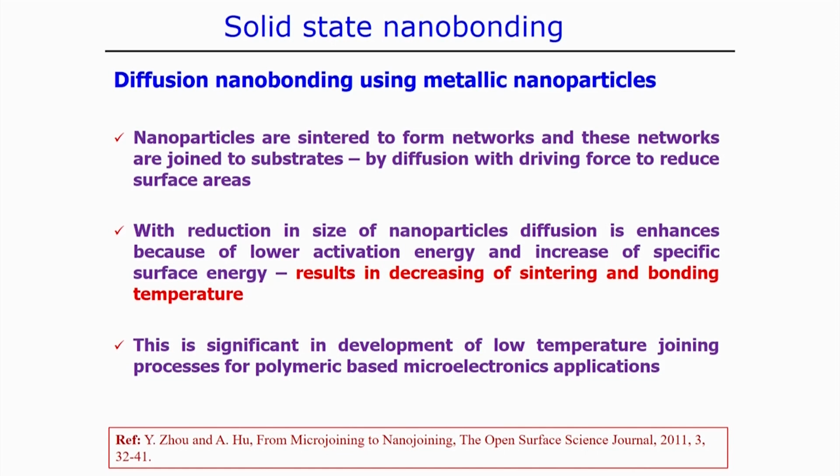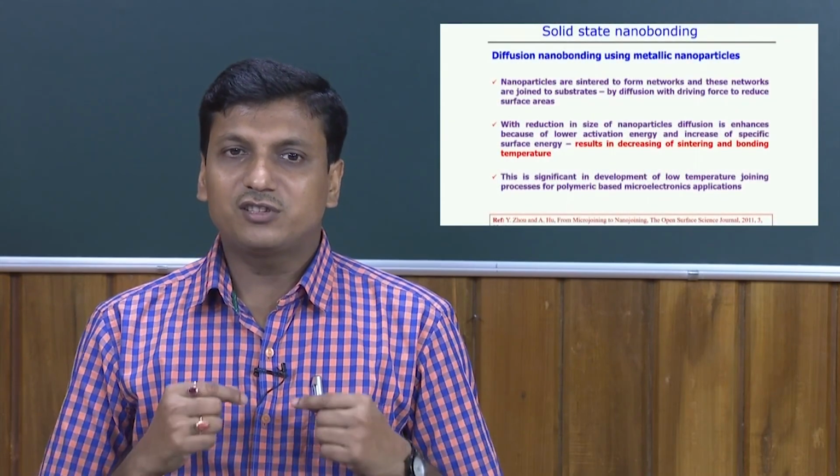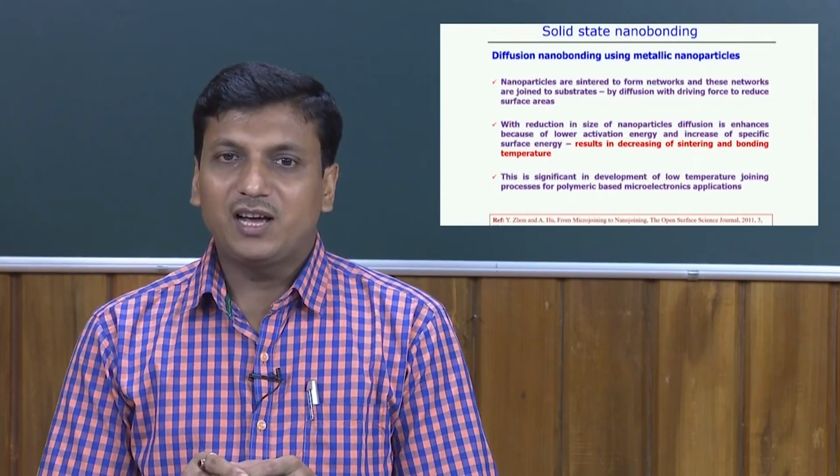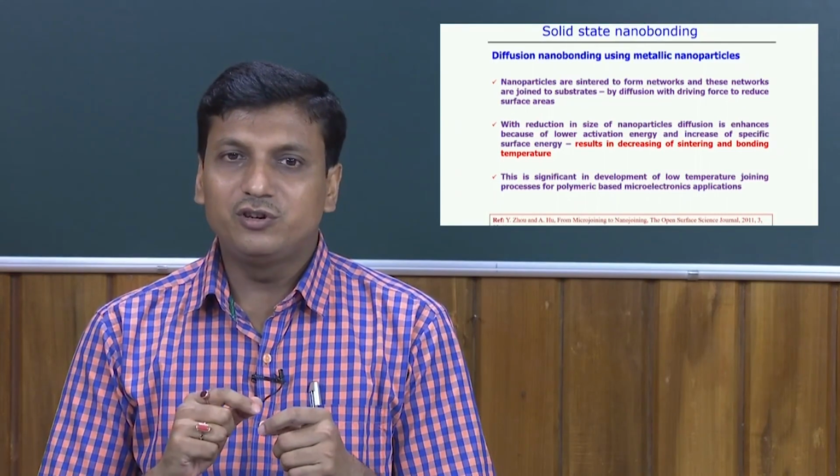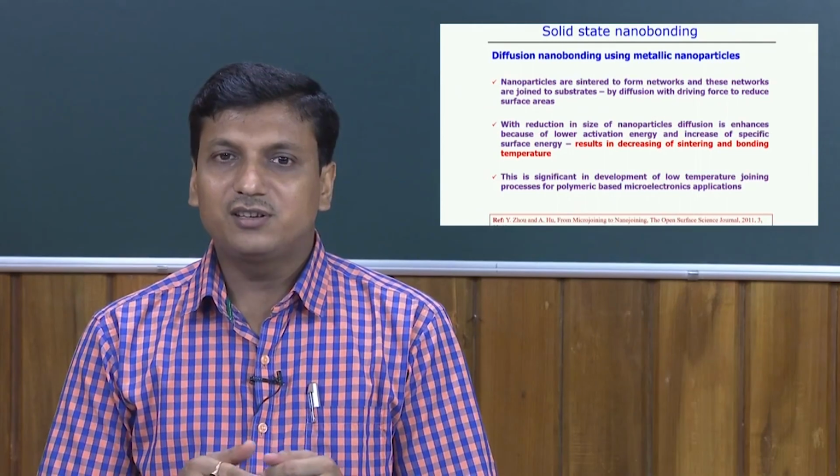We have already discussed that when we use nanoparticles, the surface area to volume ratio is very high, so they have different properties that may not exist at a larger size of particles. Nanoparticles are normally sintered to form networks, and these networks are joined to the substrates by diffusion, and the main driving force for the diffusion is to reduce the surface area.